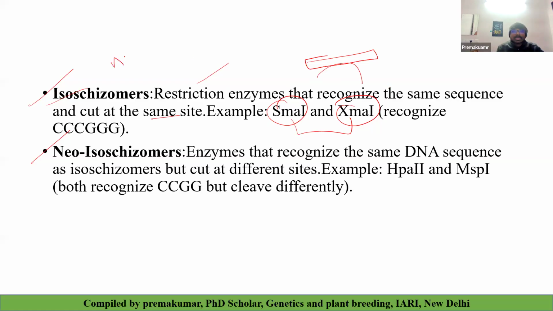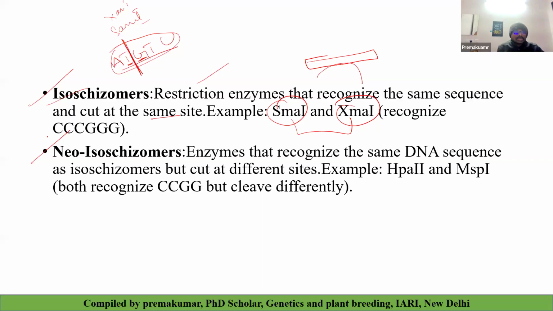For example, if they have a given recognition sequence, both SmaI and XmaI will cut at that restriction site at the same position, between T and G.